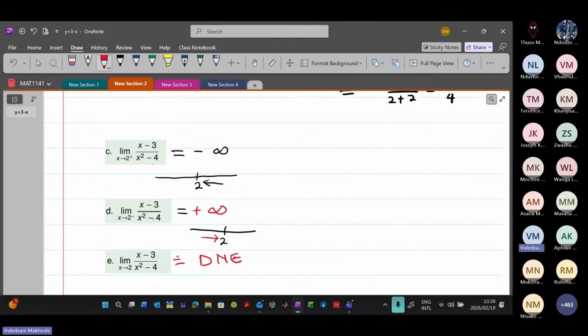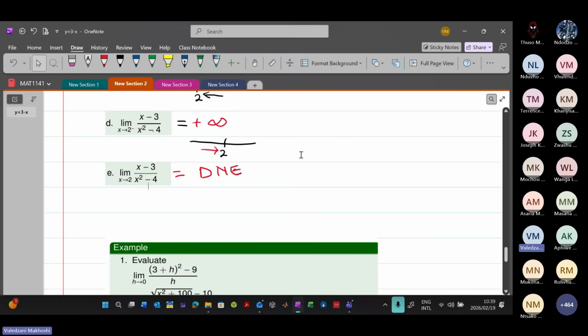Why are we saying that? Because for the limit to exist, we must have the left-hand limit and the right-hand limit. They should both exist and they should be equal. So you cannot say negative infinity is equal to positive infinity. They are not equal. All right. So that is the importance of this example.